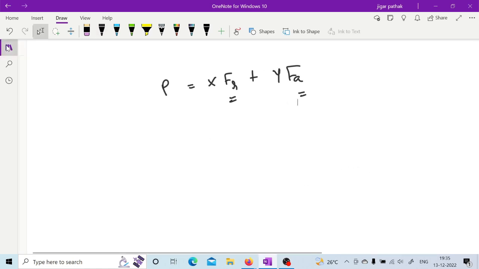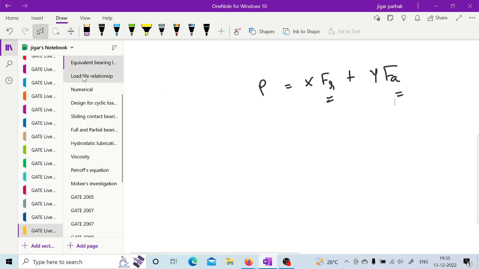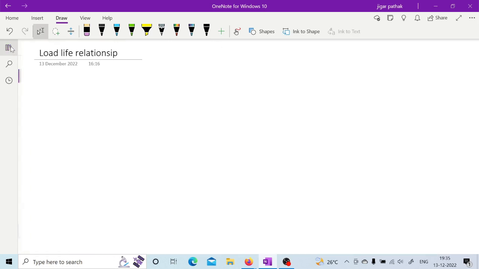Once we have an idea about this, there is one more important thing, the load life relationship.